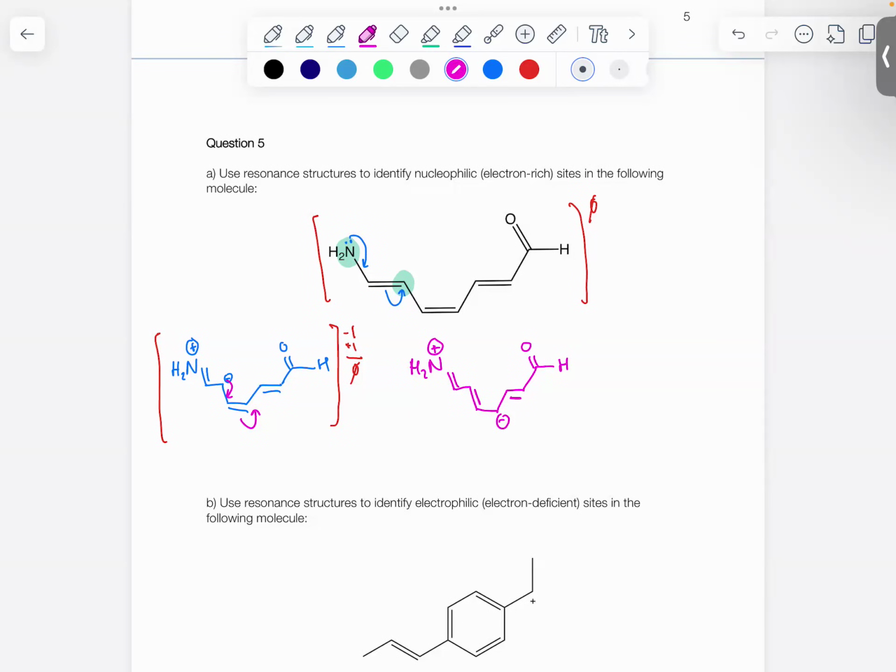And again, we have one negative and one positive, so we're still overall neutral. We'll push these electrons once more, and finally, we'll delocalize up into the oxygen.